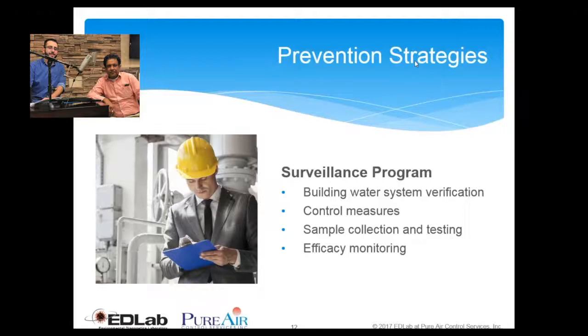So in that regard, the building water system needs to be verified from time to time on a periodical scale, so that any kind of shortcoming is appropriately addressed. When I say appropriately addressed, I mean the control measures should be in place, so that if something is broken, we know how we are going to address it and how it needs to be fixed.